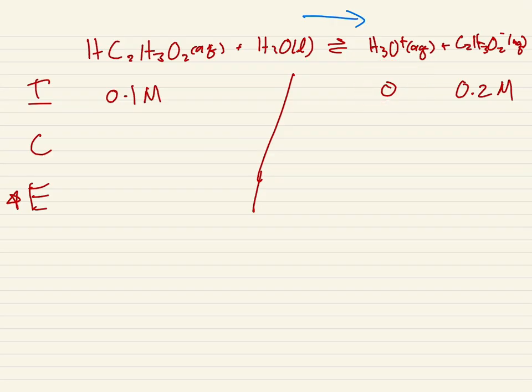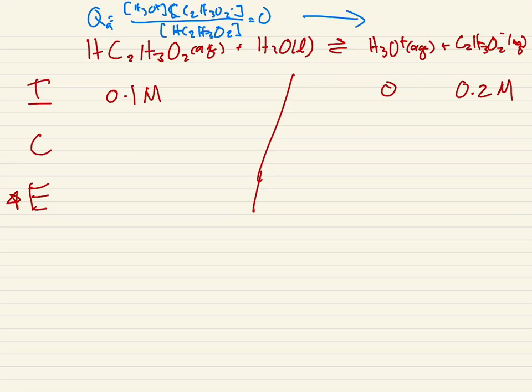We could show that analytically, because if we calculated Q, Qa in this case, it would be H3O plus times C2H3O2 minus over HC2H3O2. And Q would be equal to what in this case? 0, because the H3O plus concentration is 0, right? These are initial concentrations, so that would be equal to 0.